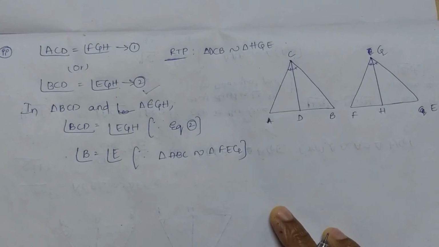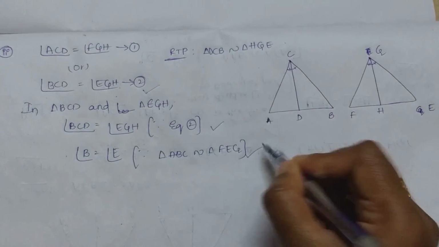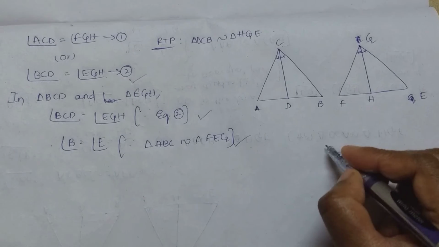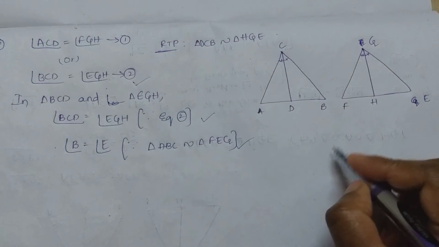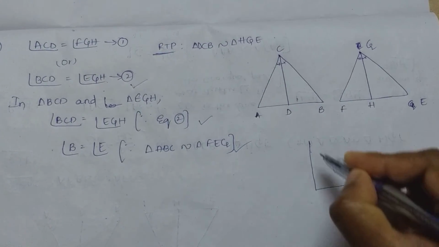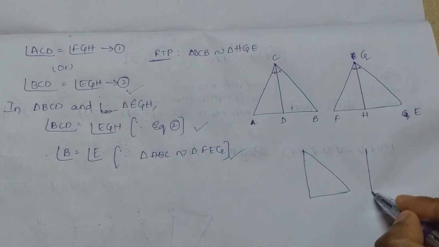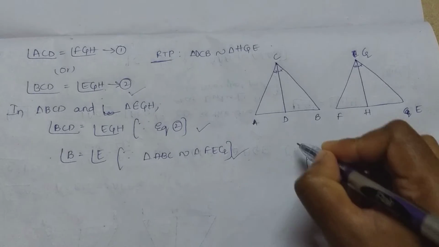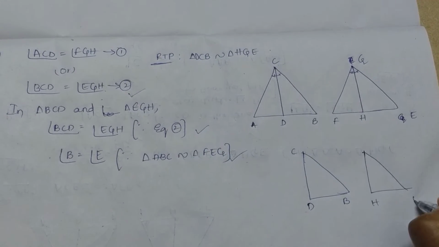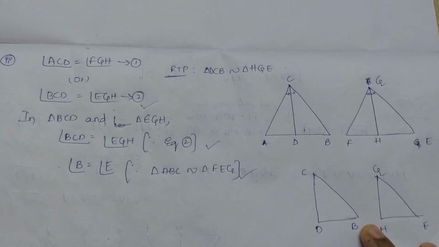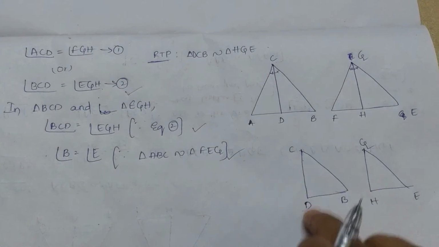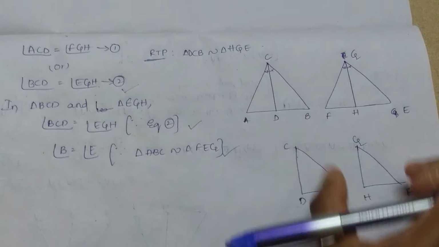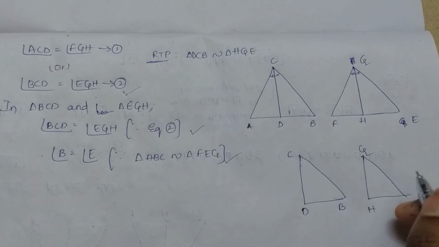So as per AA similarity criterion, if two angles of one triangle are equal to two angles of another triangle, let me draw these two triangles: triangle BCD and triangle EGH. For understanding purpose I have drawn it here for explaining.